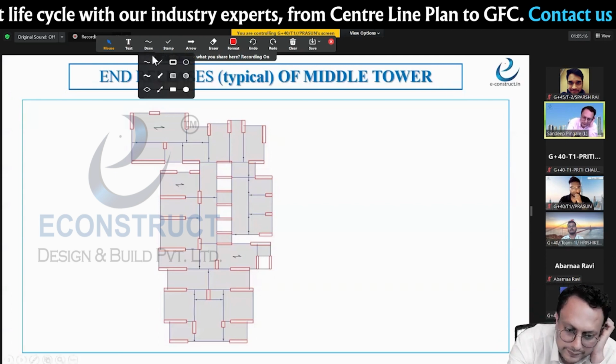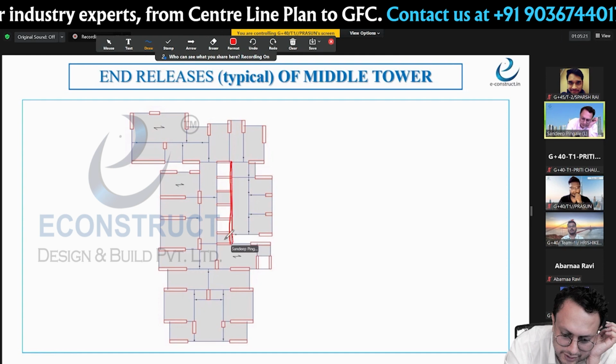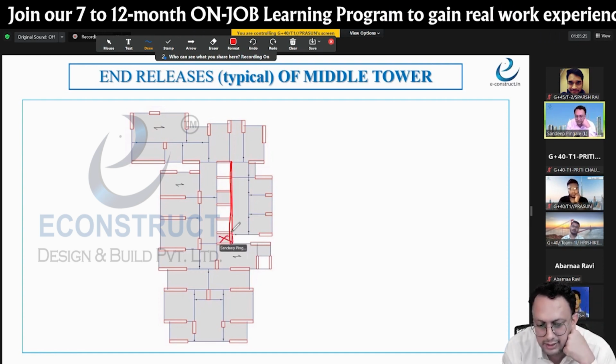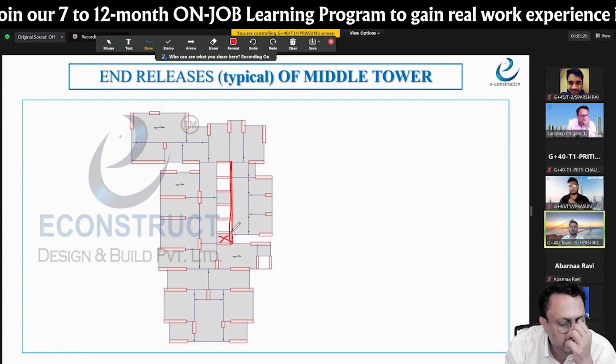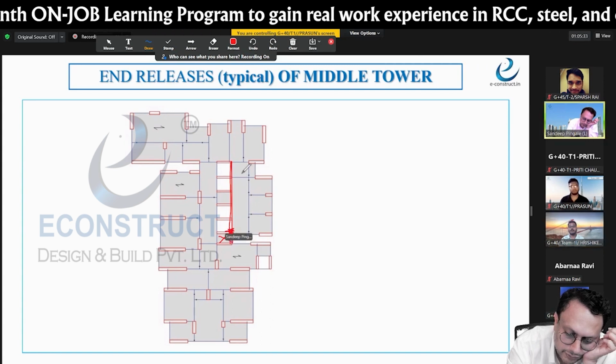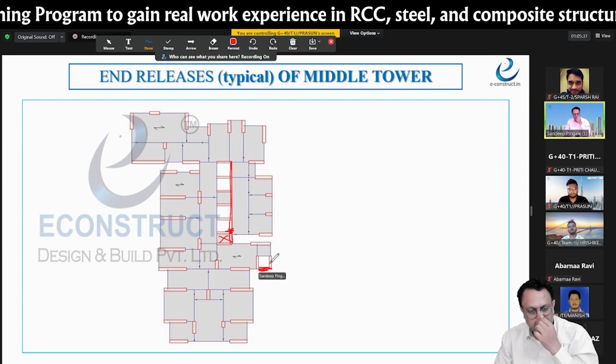If you give the shear wall like this, here also there is an opening, right? Is a lift there? No, sir, there are only 4 services and 1 farm. Okay, so up to here you can give, up to this place. Here also. Check if it will help or not.